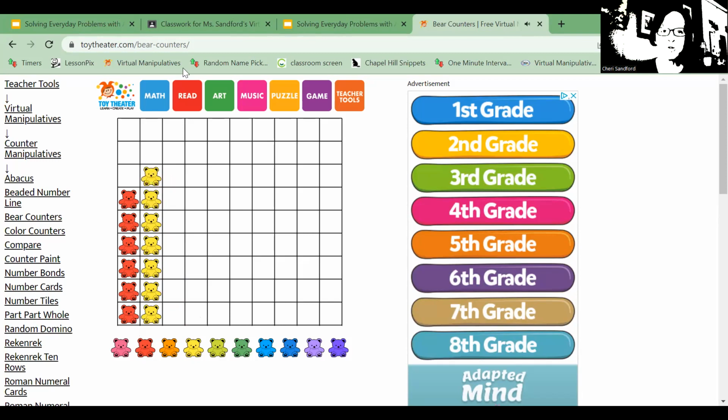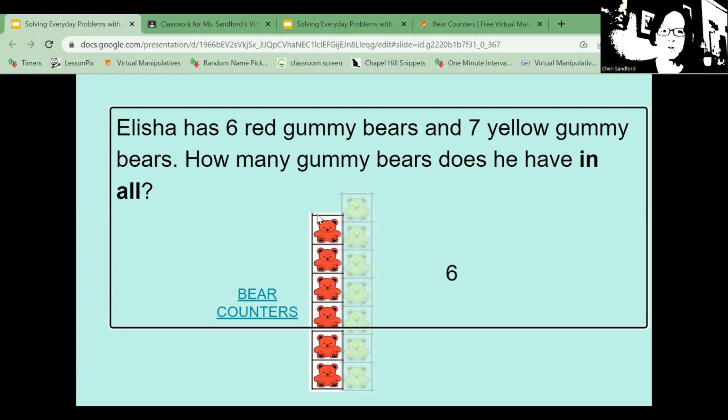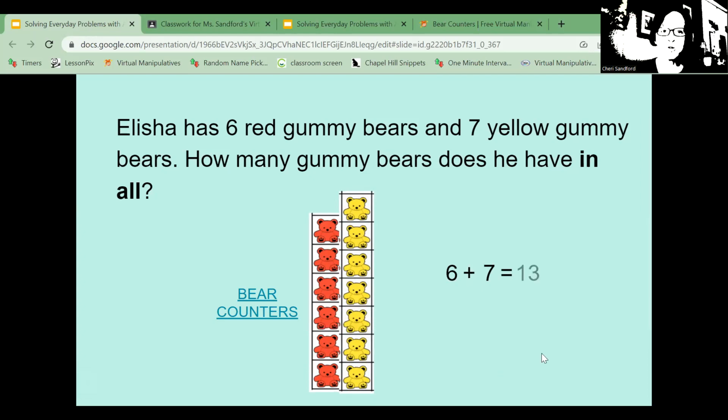Now I'm going to go back to my problems, guys. So Elisha had 6 red, and he added 7 yellow. So let's count how many in all. 6, 7, 8, 9, 10, 11, 12, 13. Wow. So 6 plus 7 equals 13, guys.